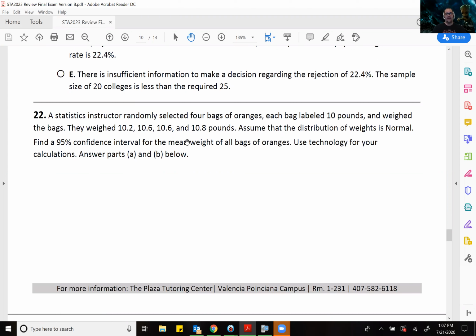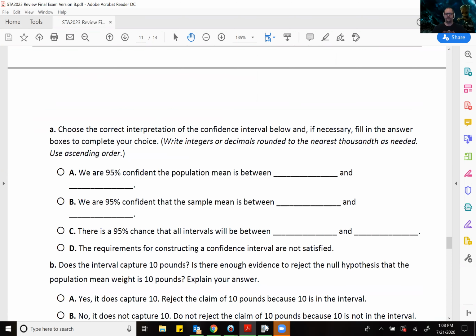And then the population is definitely large. There are definitely more bags of oranges than just the 4 given to us. Remember, 4 times 10 is 40. In the universe, are there more than 40 bags of oranges? Yes. So the CLT conditions are met.